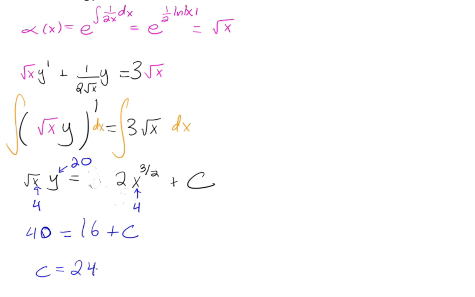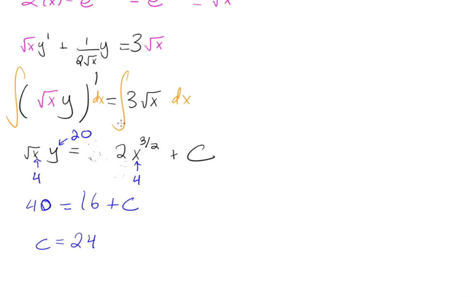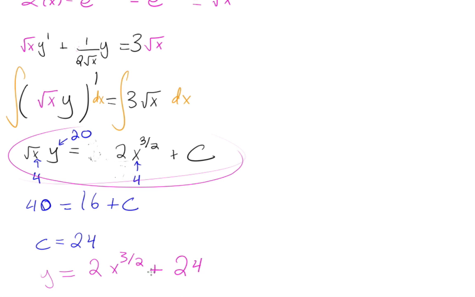And so my solution, so this is what I had, right? If I divide by root x and plug in 24 for c, then I would get that y is equal to 2x to the 3 halves plus c is 24, right?